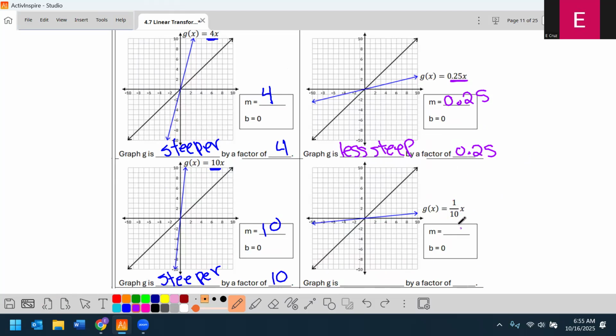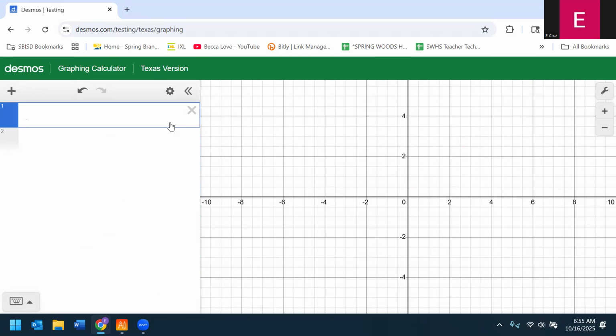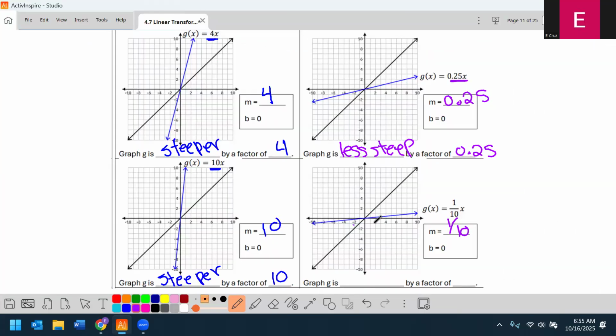Okay, my slope on this last one is 1/10. So if you're curious to see what that is as a decimal, that's 0.1. It's even smaller than the other numbers. So that's why my graph is even flatter. So less steep, we still say less steep by a factor of 1/10.